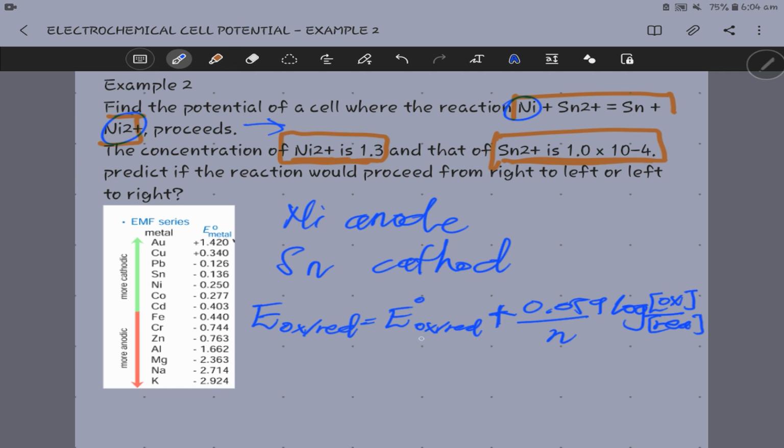And because of that we are maintaining this plus here. Why? Because we are maintaining them in their reduced form, as we are saying.